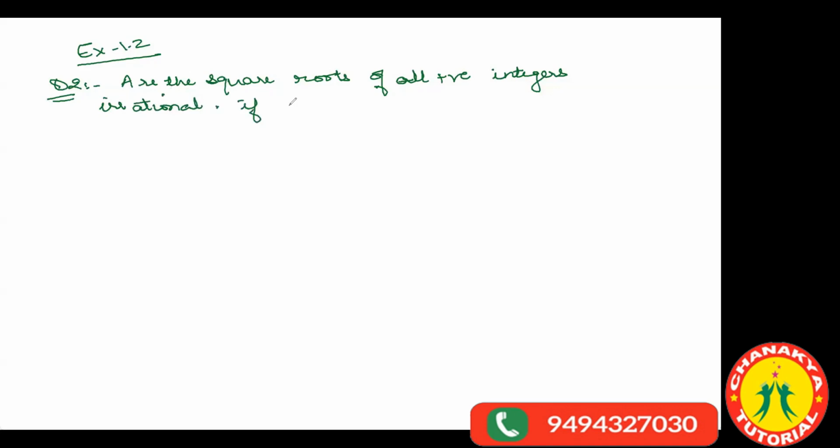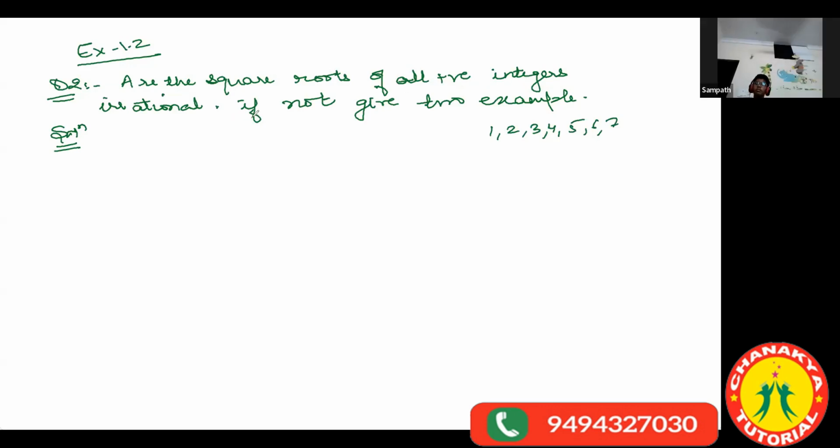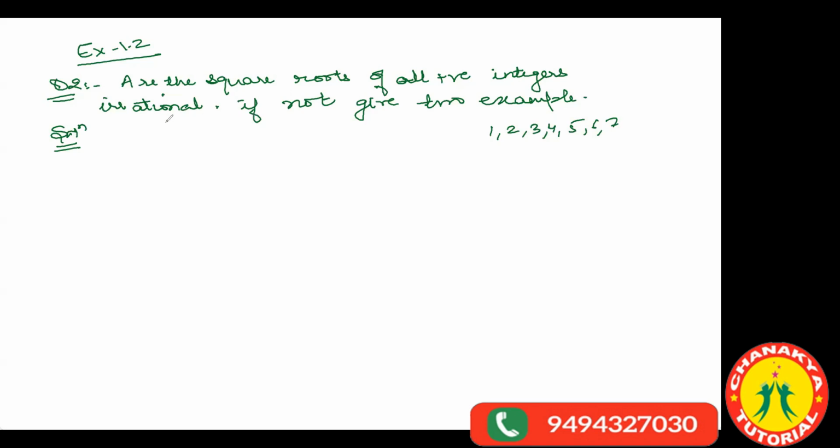If not, give 2 examples. Now children, in this question, they are asking about the positive integer. So your positive integers are 1, 2, 3, 4, right? 5, 6, 7, 8. Now they are saying, are the square root of all positive integers irrational? No. No, ma'am. Right?